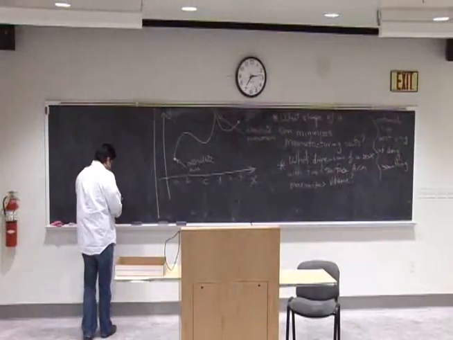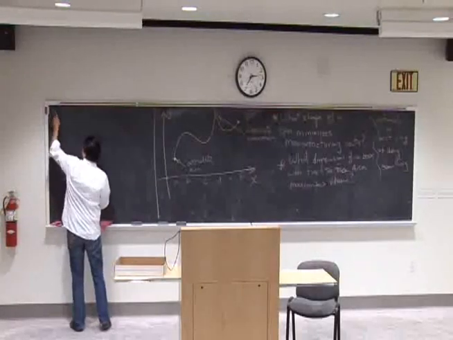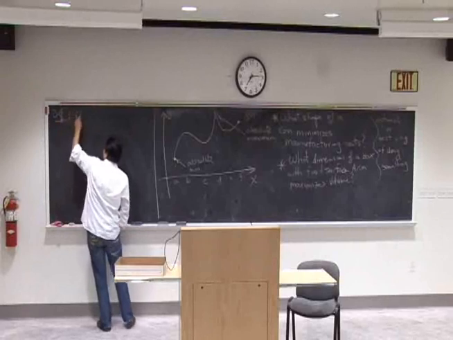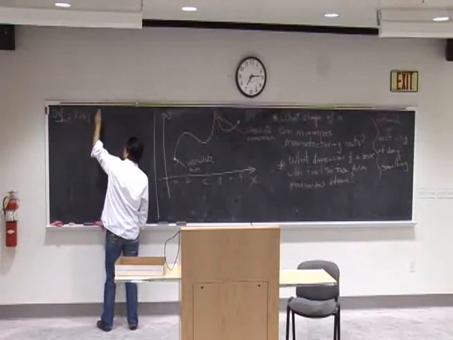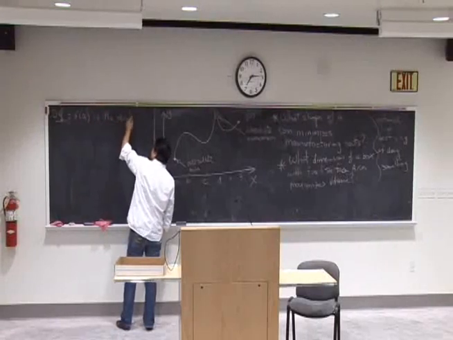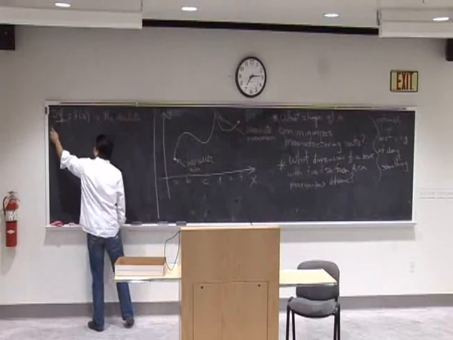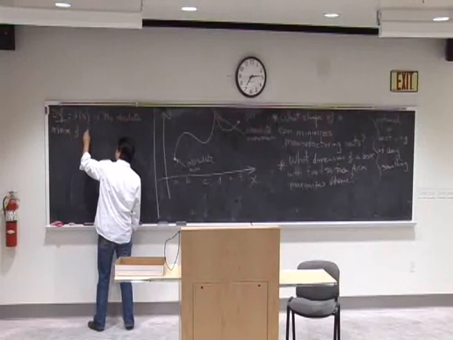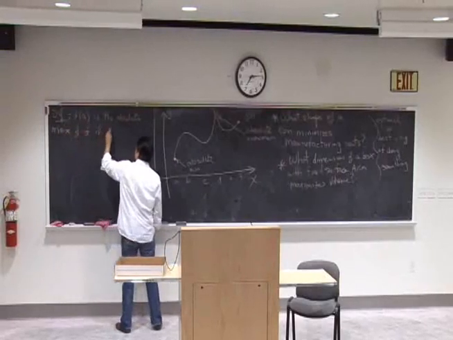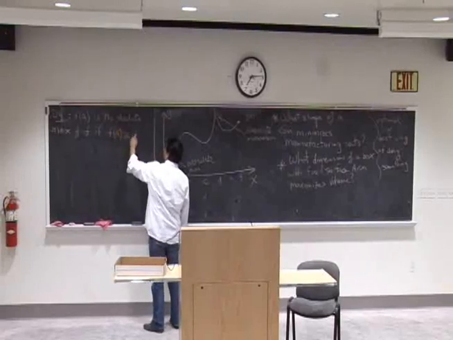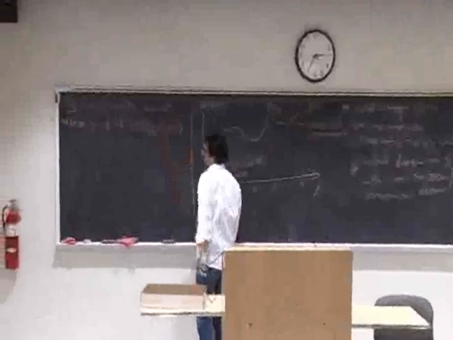So here's the definition. f of a is an absolute maximum of a function f if f of a is larger than or equal to every other function value.